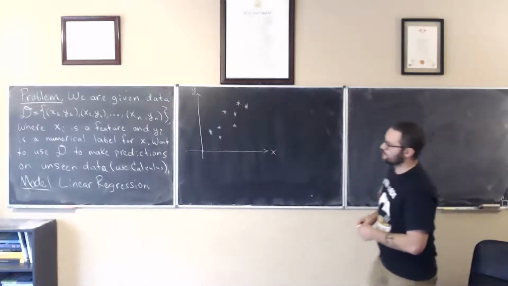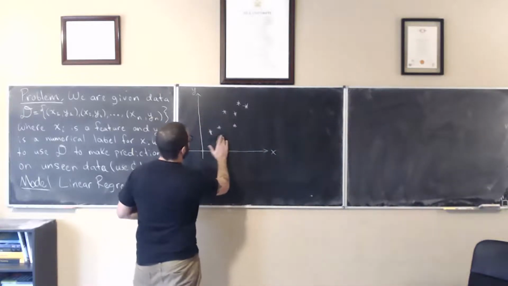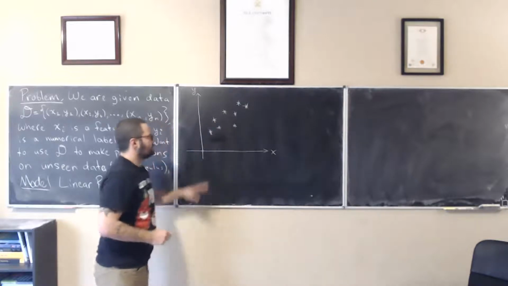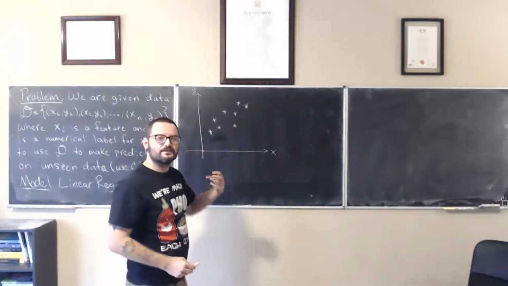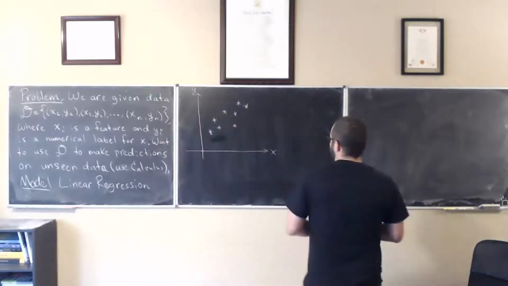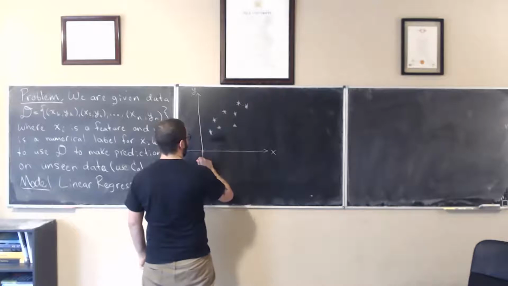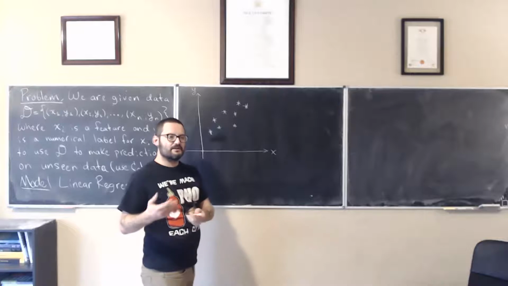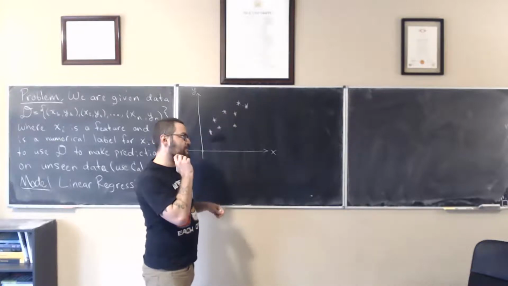So our goal, and maybe I shouldn't put that, maybe I should put it up here or something. So this is the collection of data where each of these points has an x and a y. The x is what we measure and the y is what we observe. So our goal is to fit a line that best fits that data, that minimizes the error when the line is compared to the y values, when the line is compared to those points.